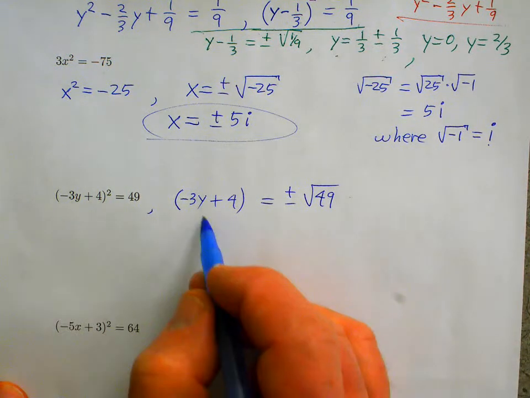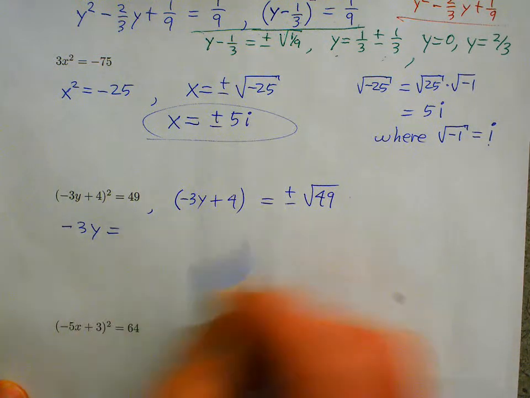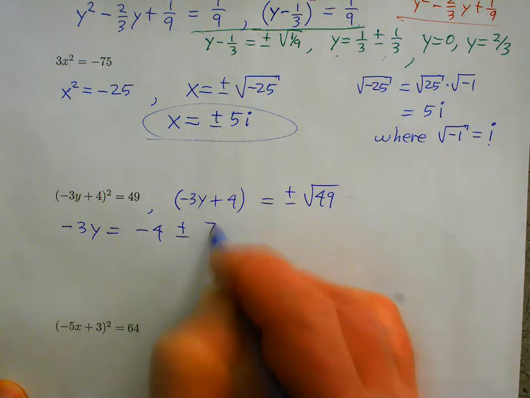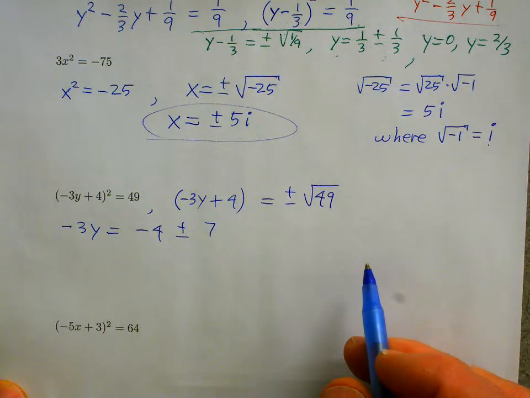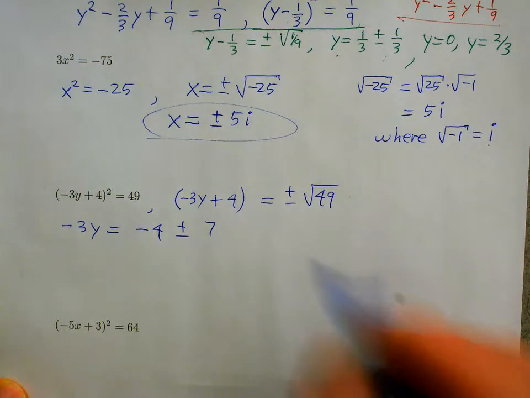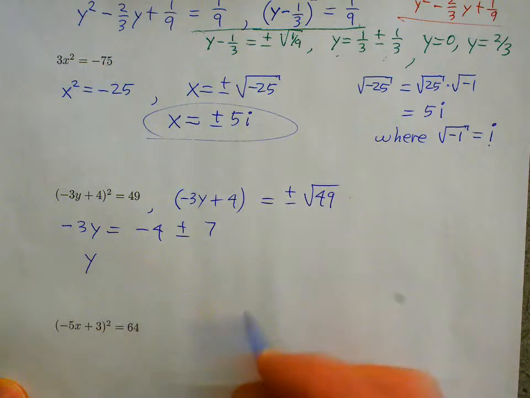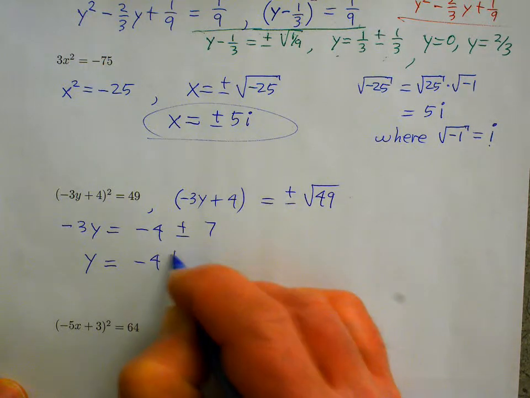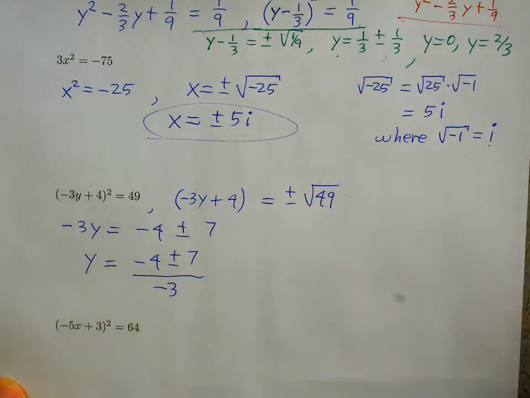So we want to solve for y, so we get negative 3y. We'll subtract 4 from both sides, negative 4, and then plus and minus 7. And then divide everything on both sides by -3. So we get y equals -4 plus and minus 7 divided by -3.